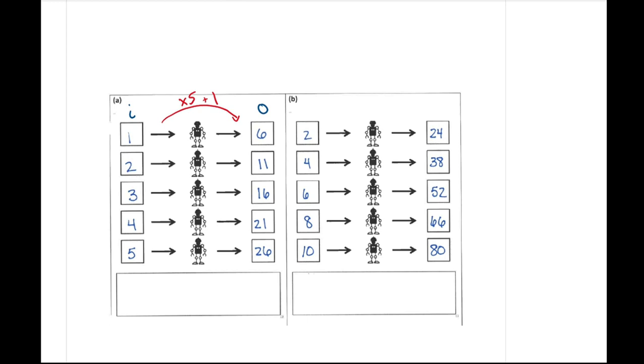So we could write input times 5 plus 1 equals output. If we wanted to shorten this, we could write I times 5 plus 1 equals O. Or you may be familiar with y equals 5x plus 1.